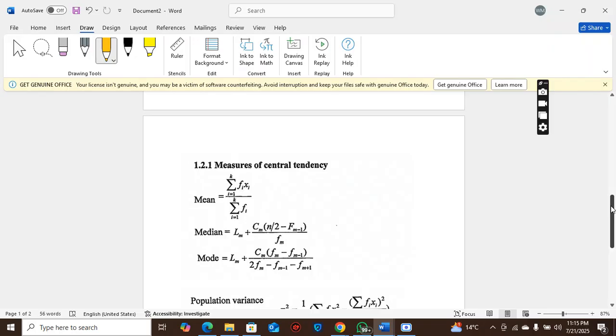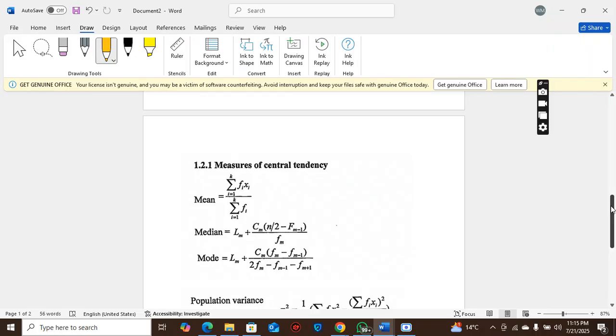Because once you put the formula, you have to know where your median class is so that you can start putting the L, M, C, M and whatever. Yes, that helps us locate the position of our median class.